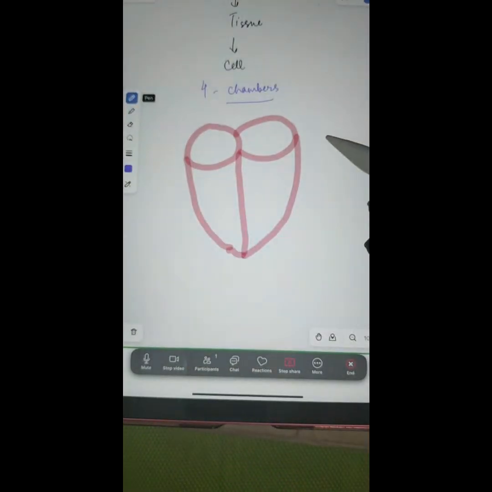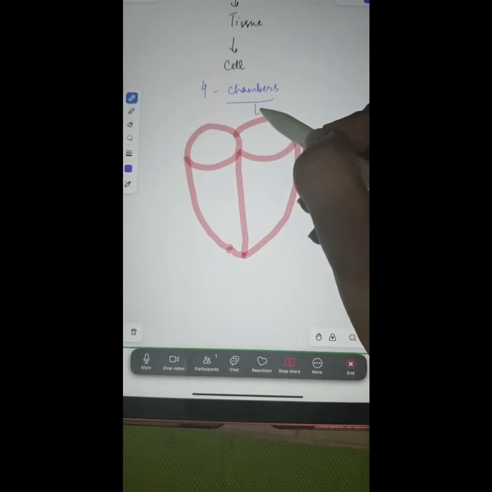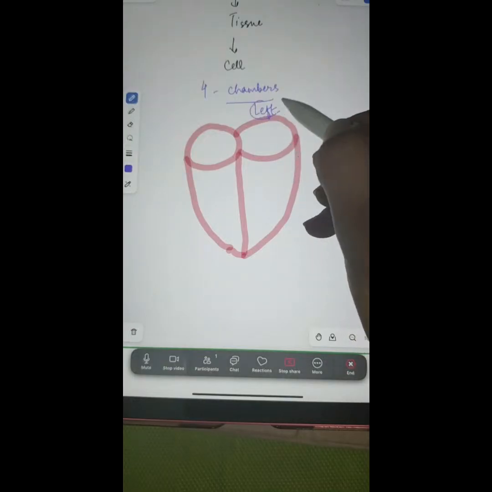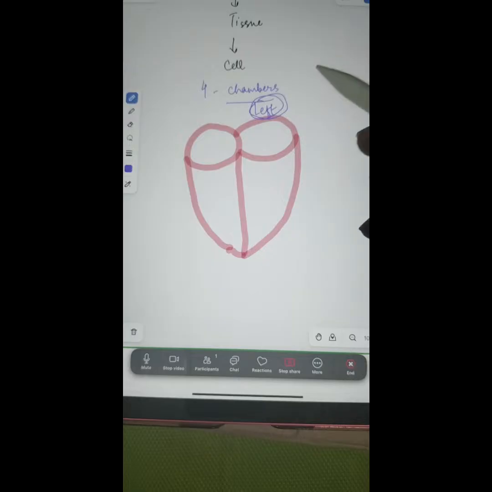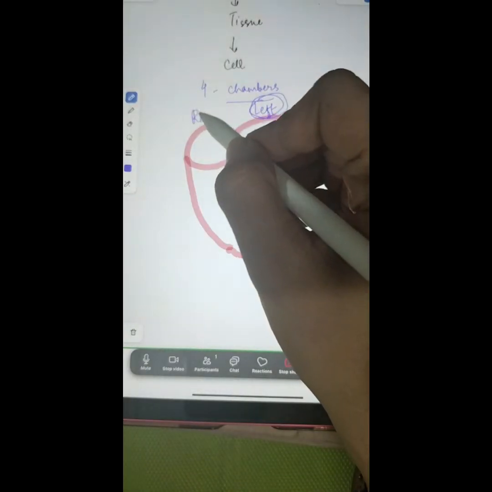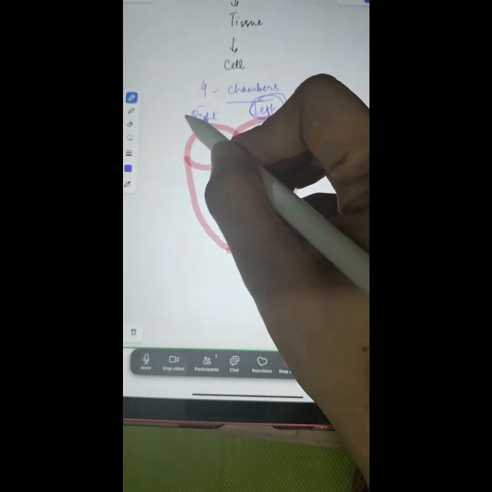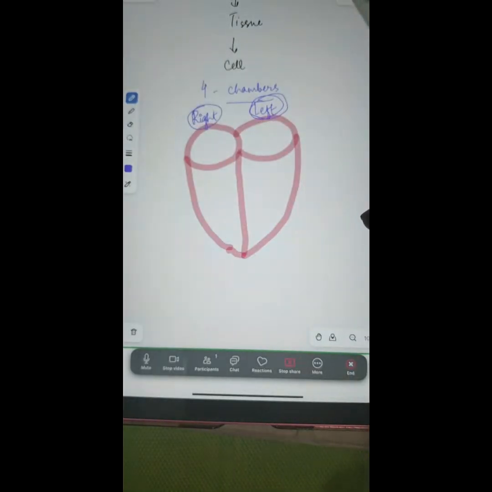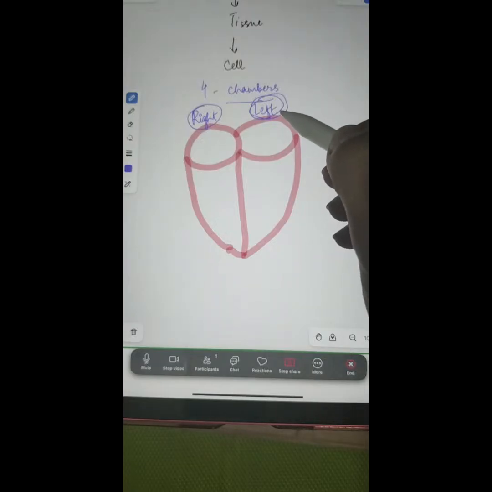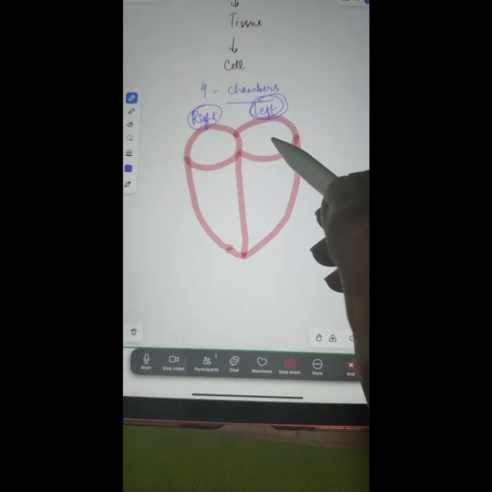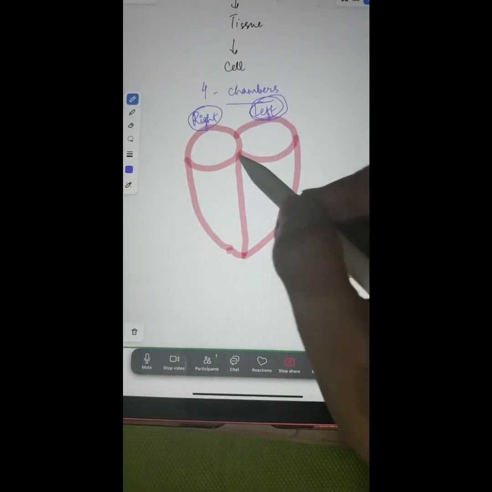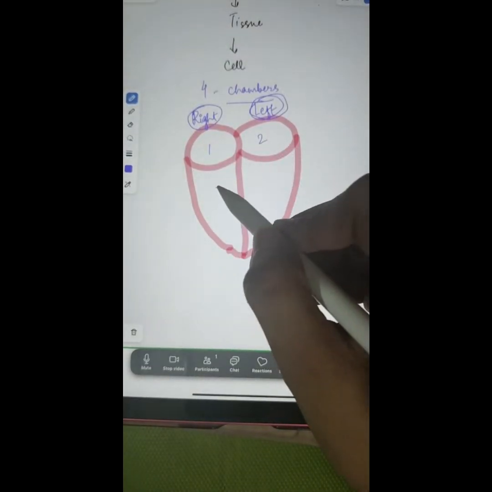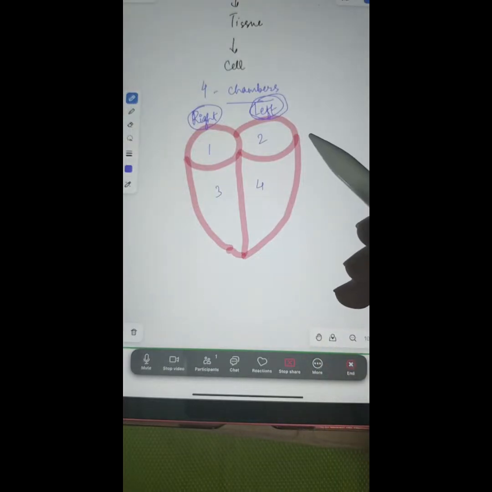So if you look at this heart, always remember that this is going to be the left side. The one towards the right side is your left one, and the one towards your left is your right side. Because if you pick up this image and locate it in your body, then this is going to be your left side. You can see that I have made how many chambers? Four chambers. One, two, three, and four.